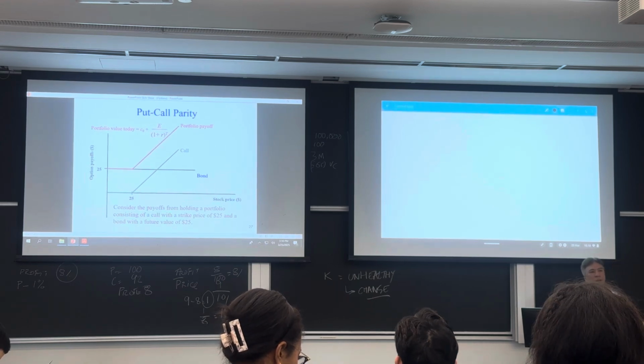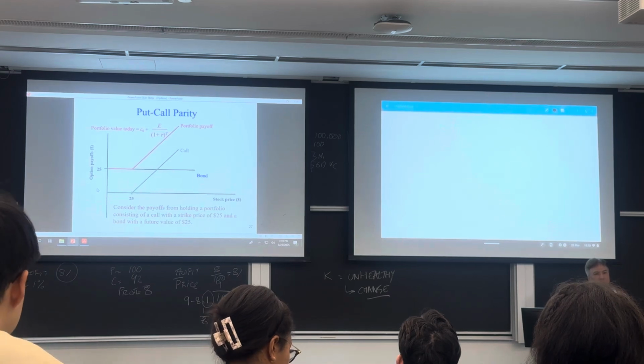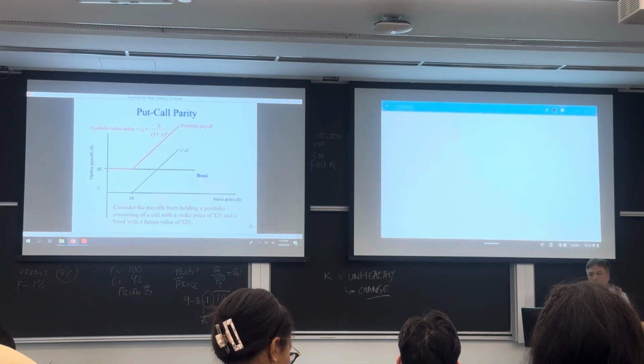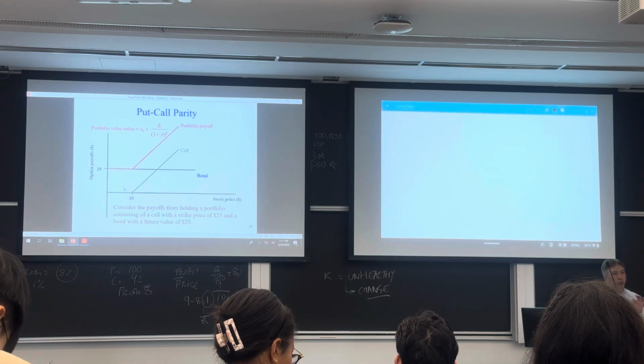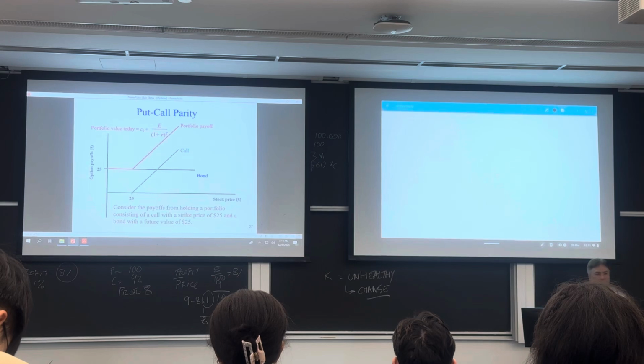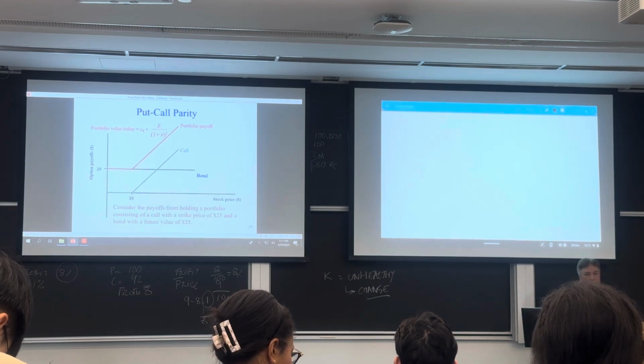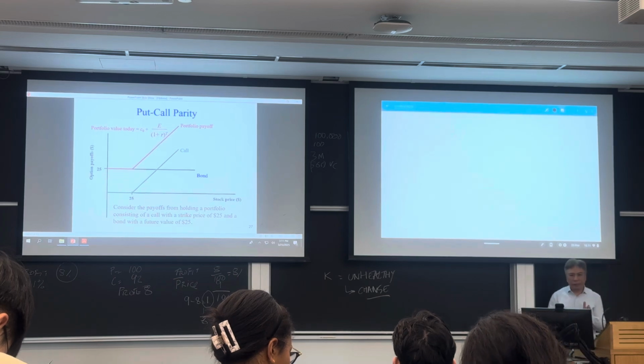At the same time, you buy a risk-free pure discount bond, which has a face value of 25. So that means at maturity, you will receive 25. This maturity is the same as the call option, so both the bond and the call option expire on the same day.